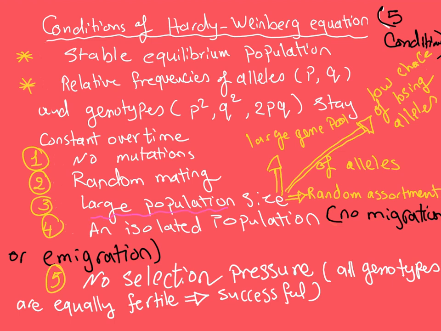Bearing in mind that if you have a large population size, you will ensure that the alleles will be randomly assorted in gametes, and therefore will have a large gene pool. A large gene pool means a low chance of losing alleles.